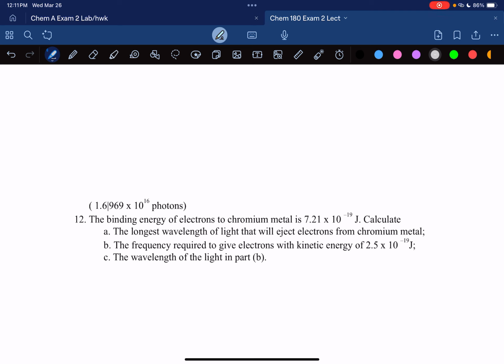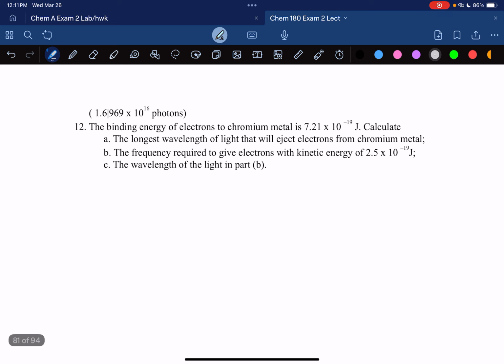So you have the binding energy for the electron to chromium metal is this much. So you have a piece of chromium metal. Chromium metal consists of what? Chromium atoms, right? I'm just using a circle to represent that.